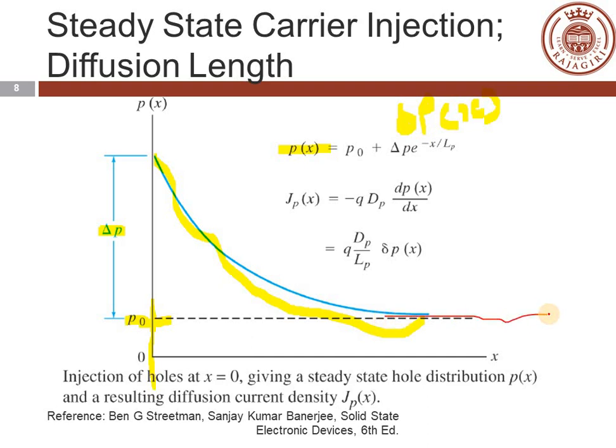We will be having only equilibrium holes, because all the excess carriers might have diffused. So the excess carrier concentration at x equal to infinity will be 0. Then x equal to 0, we are having the maximum number of excess holes, that is the initial value, which is capital delta P. So we will be applying these two conditions.